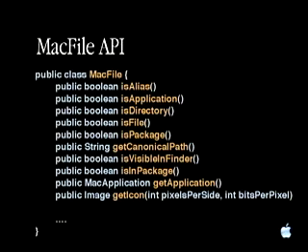So the Mac file class, like I said, is a totally standard, straightforward API. It allows you to check if it's an alias, file, directory, package. Get canonical path is an interesting one because this has come up on our lists before, and we've gotten a lot of discussion about what we should do with aliases. And we've discovered over the course of MRJ that if you do the right thing for one application with aliases, resolve the aliases to what they really should be, another class of application busts.